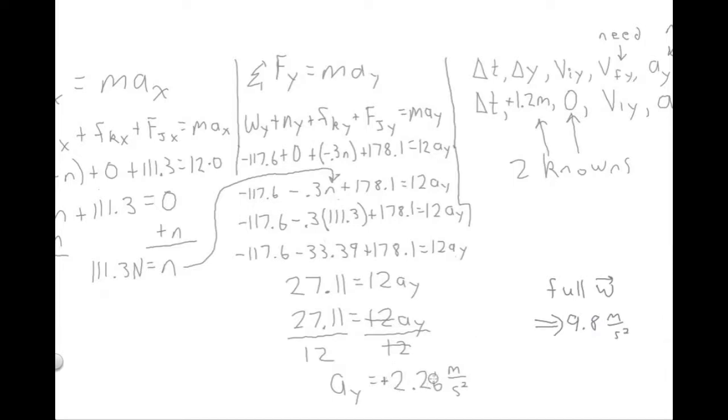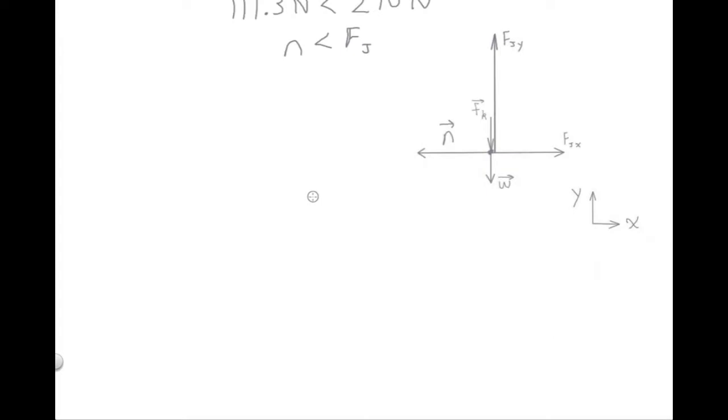But this acceleration really isn't being caused by the weight force, is it? Remember that the acceleration in this problem is upwards. The acceleration is upwards, and that upwards acceleration is being caused, remember, by the y component of Jessica's pushing force. It's Jessica's pushing force that's causing this upward acceleration.